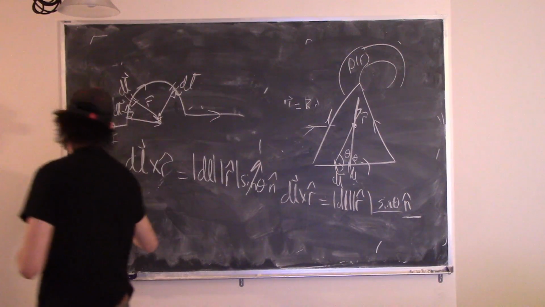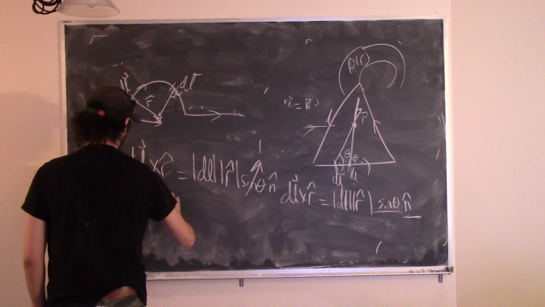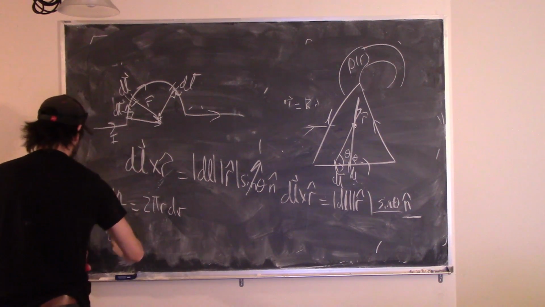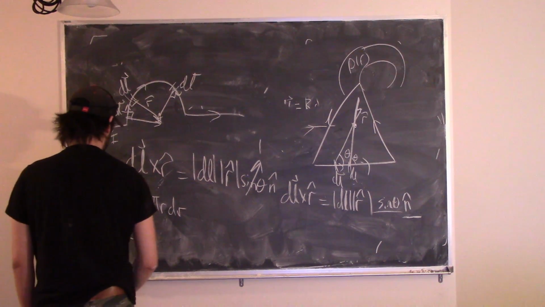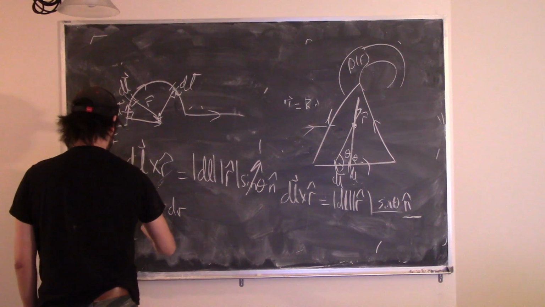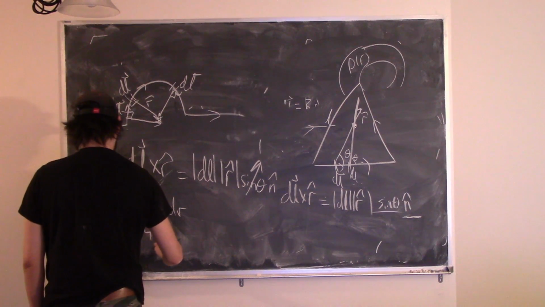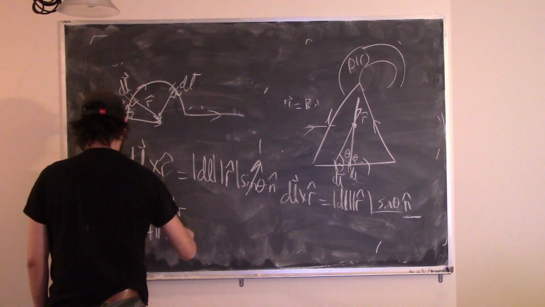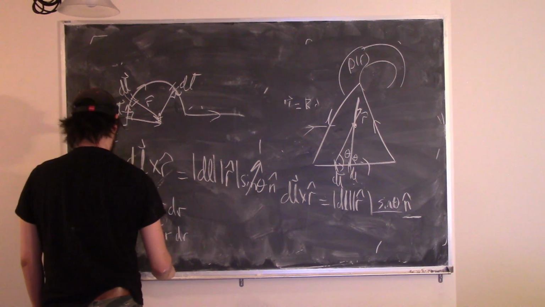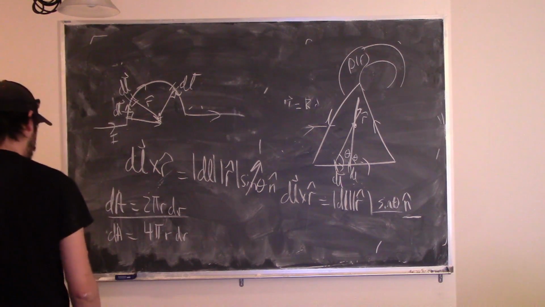I do it in very arbitrary terms. So for instance, I'll say something like dA is going to be equal to 2 pi r dr, or dA is going to be equal to, what else did I say? 4 pi r dr. Something wrong here. What am I not seeing here?